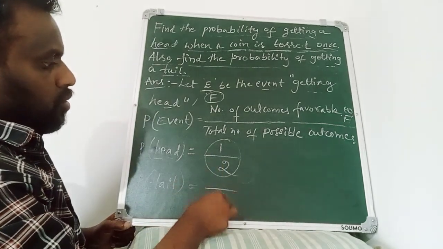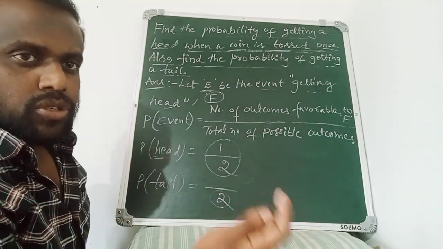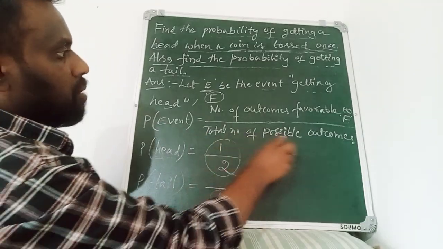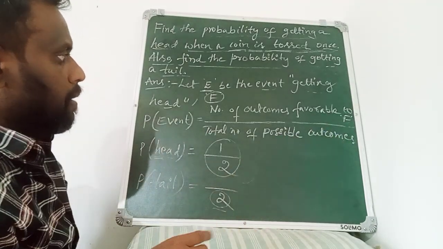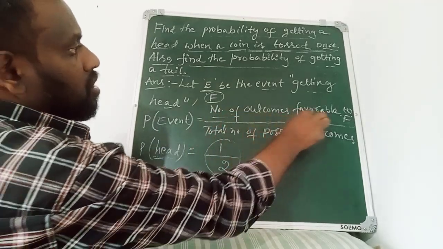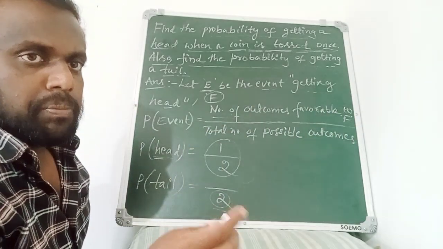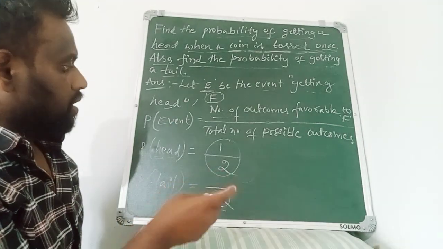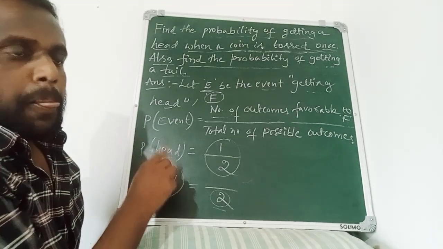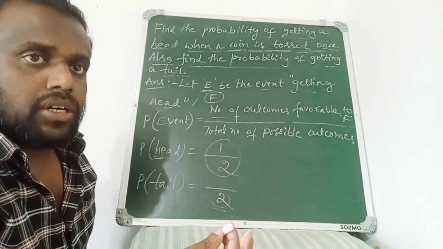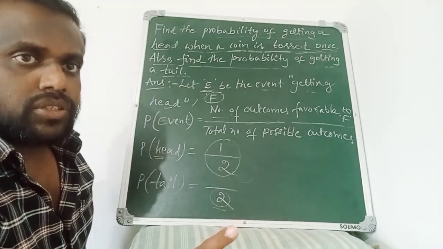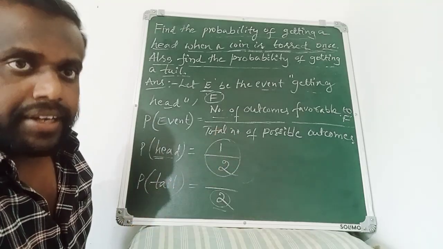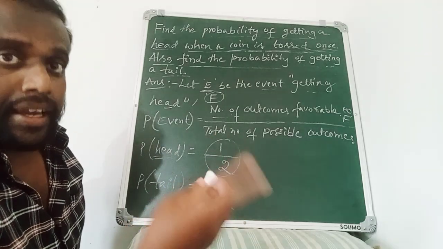You understood this, right? When a coin is tossed once, there are only two chances, getting head or tail. So the total number of possible outcomes is 2. Now we have to find the number of outcomes favorable to F. F means getting tail. As I already said in the case of head, when a coin is tossed once, you can get tail once. When a coin is tossed a second time, you can get tail again.